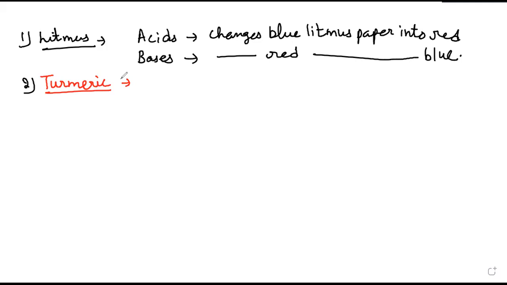They give different colors in different solutions, like acid and base. So how do they change? You might have observed that the stain of turmeric powder from a vegetable curry on clothes turns reddish while washing. So turmeric is a natural indicator also. When we add base to turmeric, it changes to red, whereas the acid will not change it.